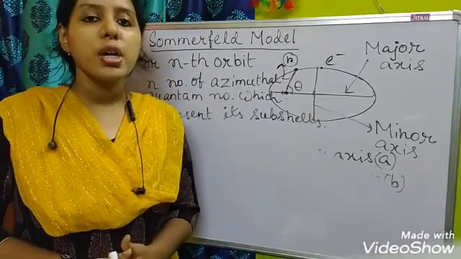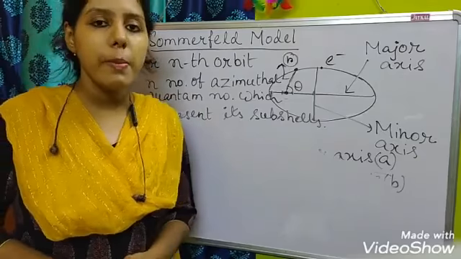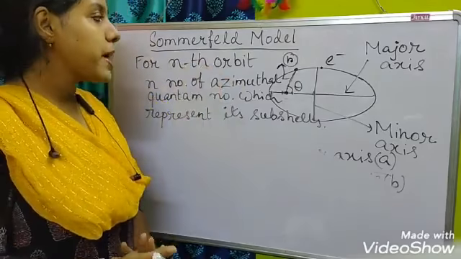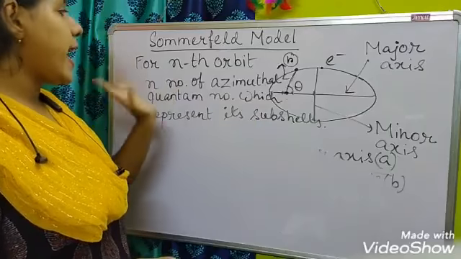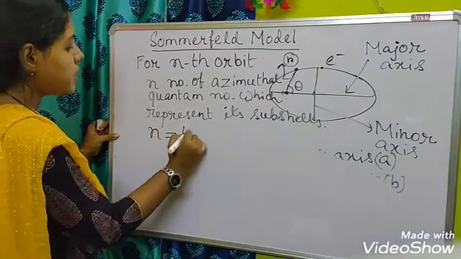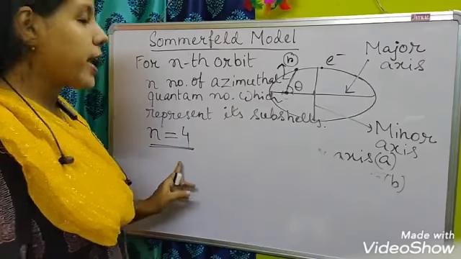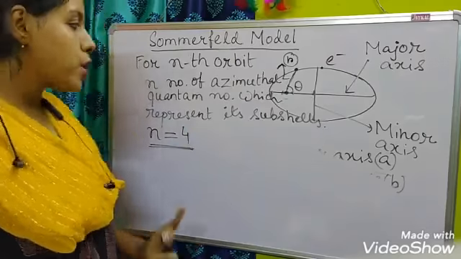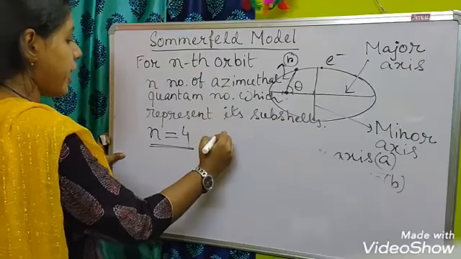So how many subshells will be present in the nth orbit? The number of subshells present will be n. For example, if the number of the orbit is 4, then we will be getting 4 values of k.